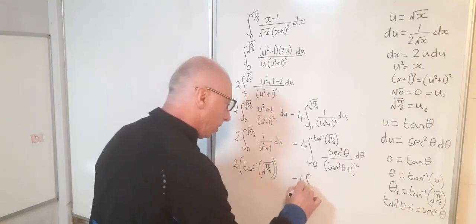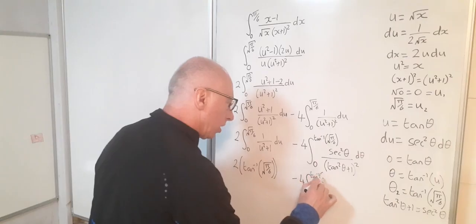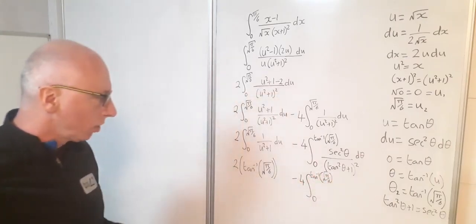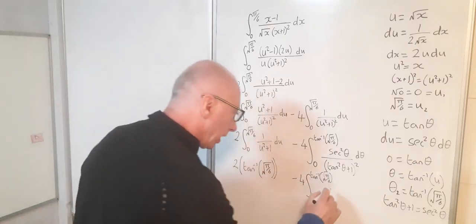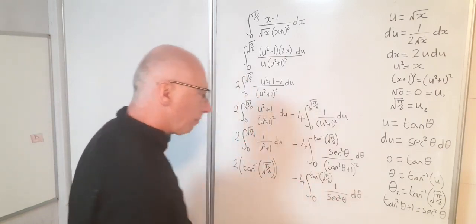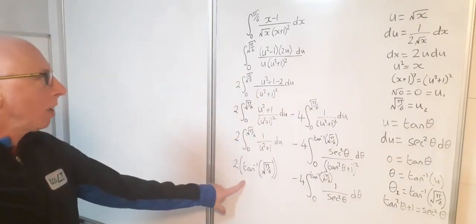So minus 4 inverse tangent square root pi over 6. All good. Looks kind of weird in there, but I'm quite liking it. So 1 over secant squared theta d theta. So that's what we've just gone through. Okay, right, that's part of my answer.